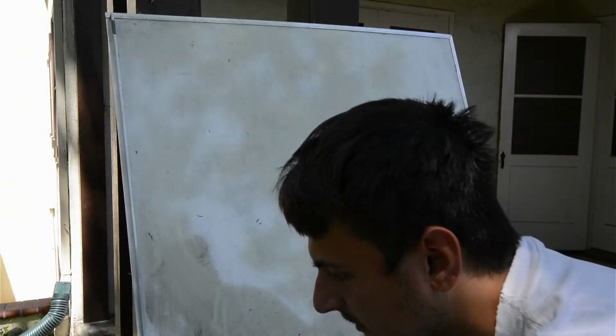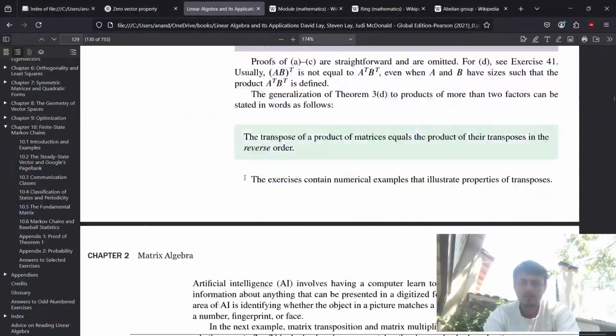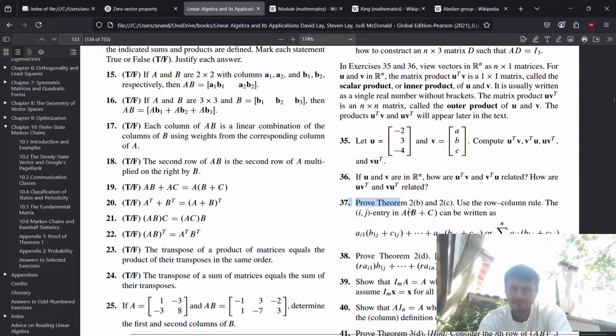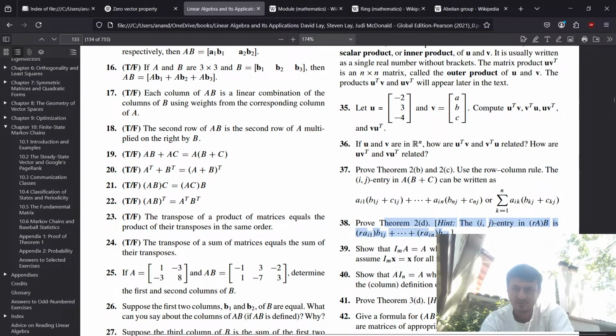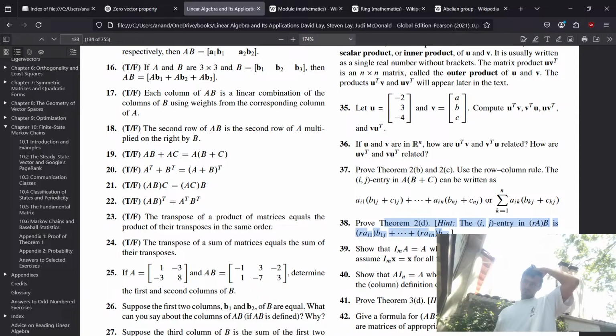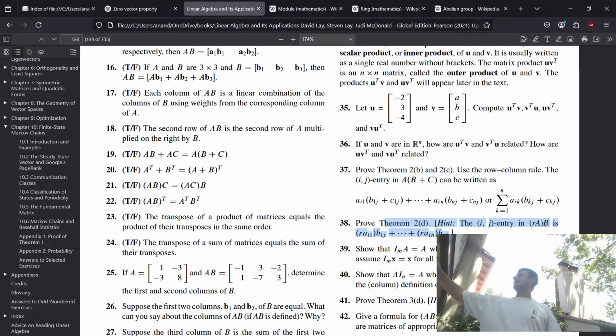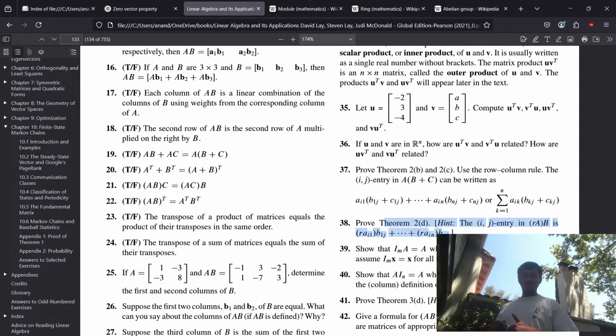All right, what's the next problem? Okay, so we just did prove this theorem. Oh, what's theorem? You're probably going to get a term like R. Yeah, I don't think we need to do that one.